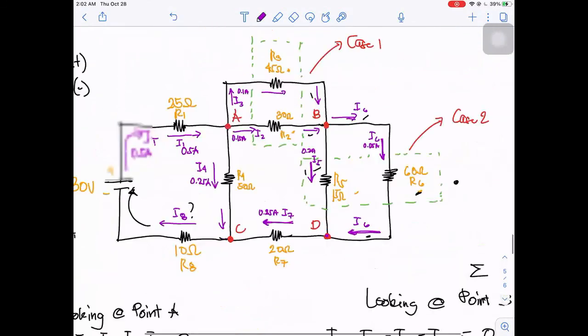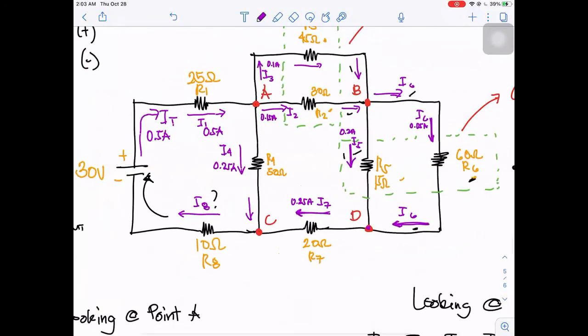And our I8 is 0.5 ampere. So as you will observe, the current entering is equal to the current leaving. The current that enters the entire circuit is 0.5 ampere, and it satisfies the condition of Kirchhoff's current law that the current leaving also is equal to the current entering, which is equivalent to 0.5 ampere.